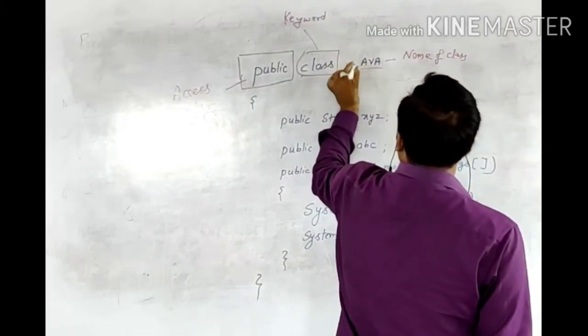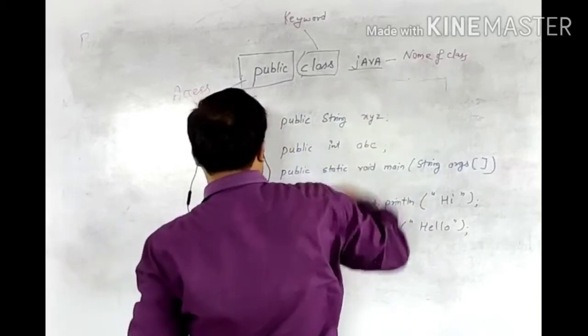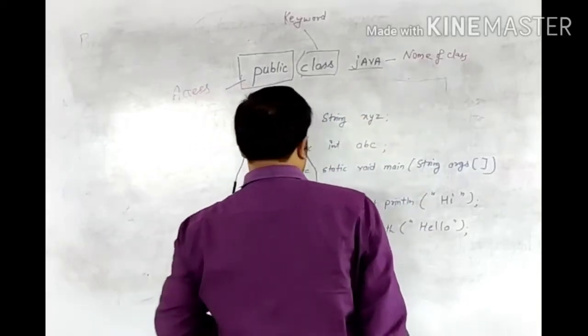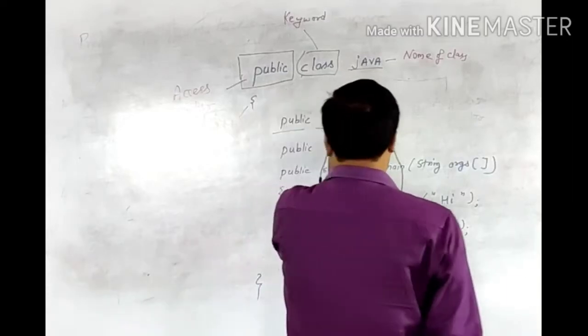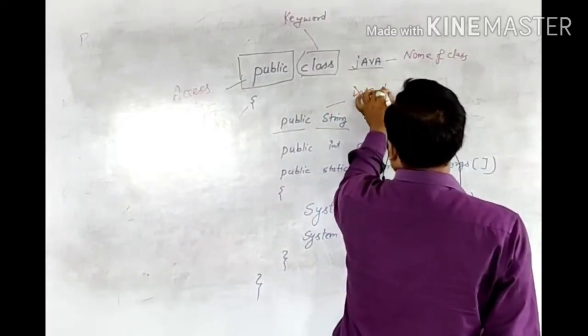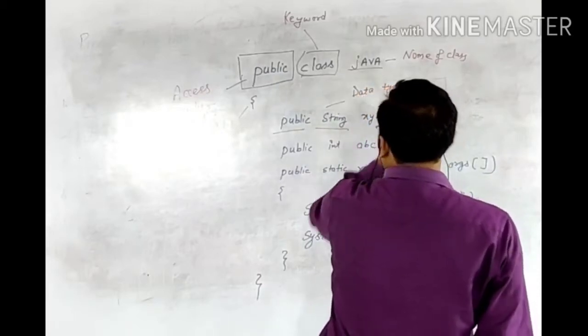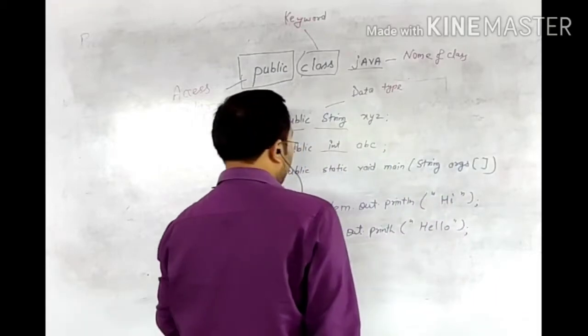It is a small one. Okay. Don't be confused. Name of class. This is your curly braces. Then again access specifier. This is the data type, which type of data I have used. Same here, it is also data type.